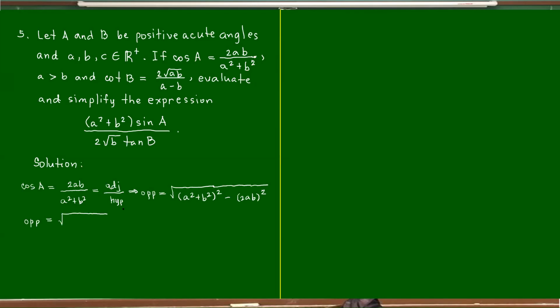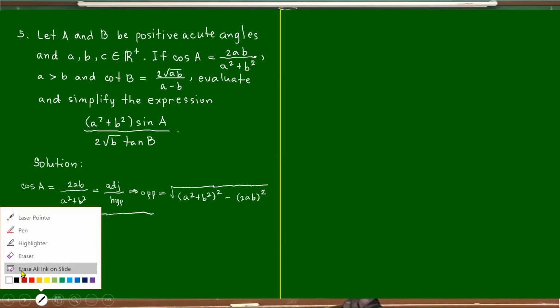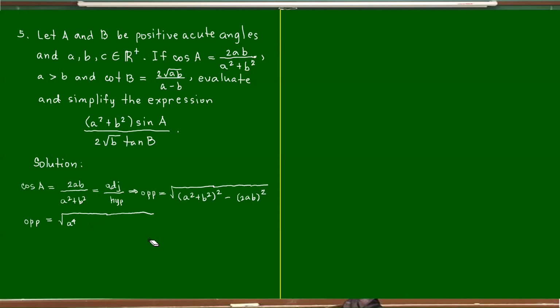Let's simplify that radical. So, radicand muna, no? Let's expand. So, we get A to the fourth plus 2A squared B squared. Ay, mali. So we have plus 2A squared B squared, and then plus, what's the next? B to the fourth.